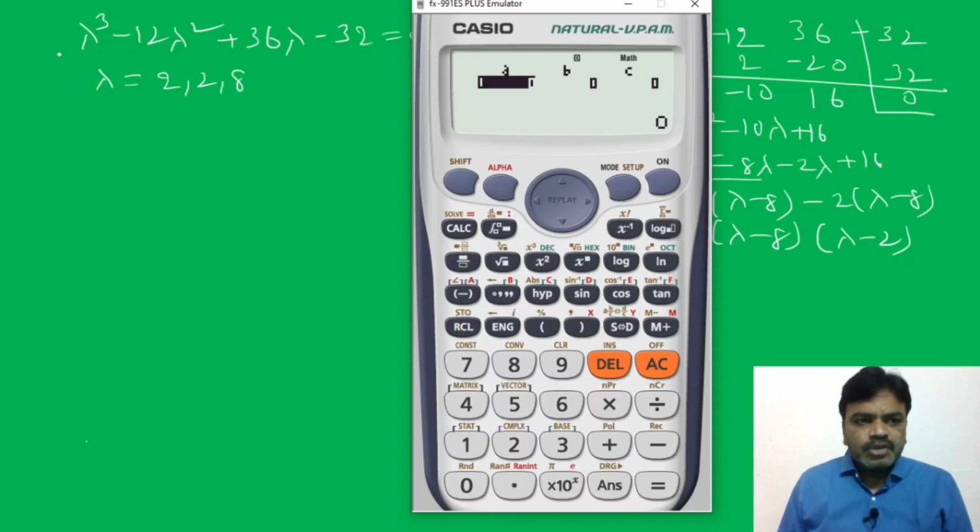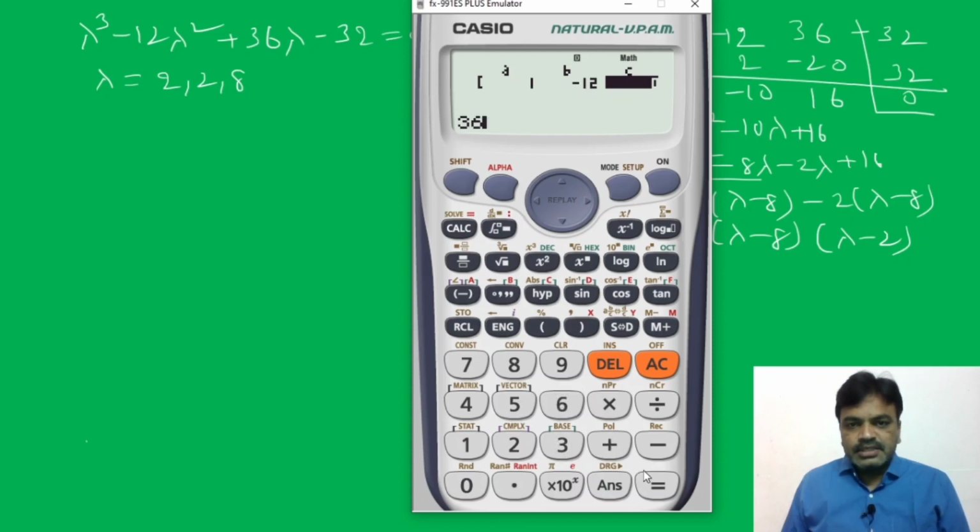Now what is the lambda cube coefficient? 1. So press 1 and then equal to. What is the lambda square coefficient? Minus 12, that is equal to. What is the lambda coefficient? 36. So enter 36, that is equal to, and what is the constant? Minus 32.